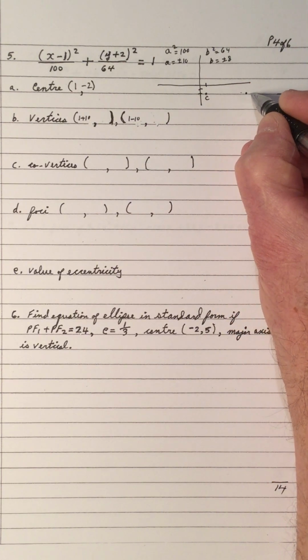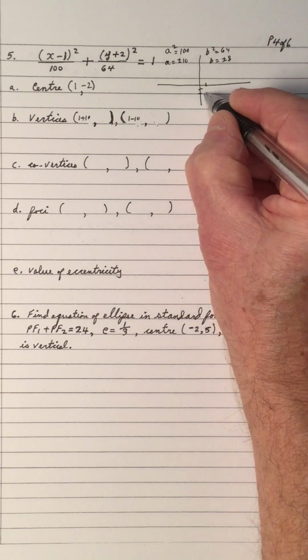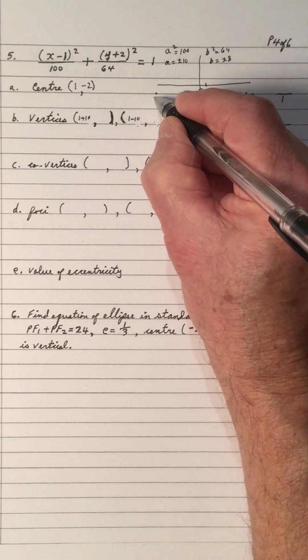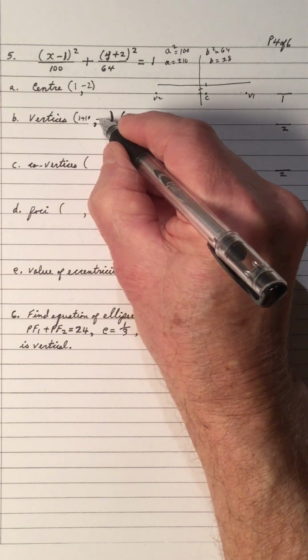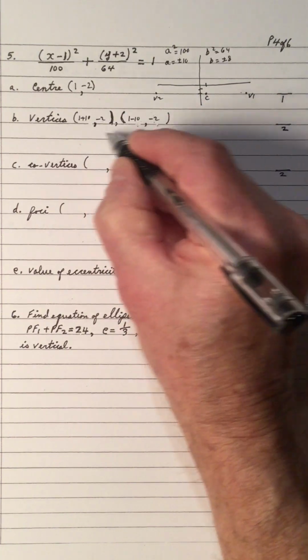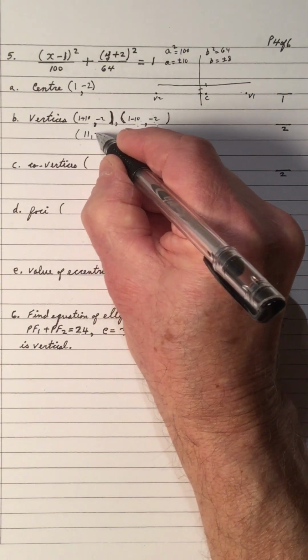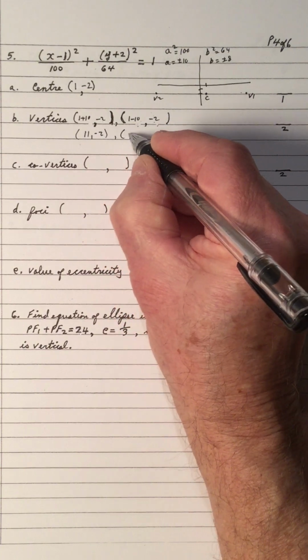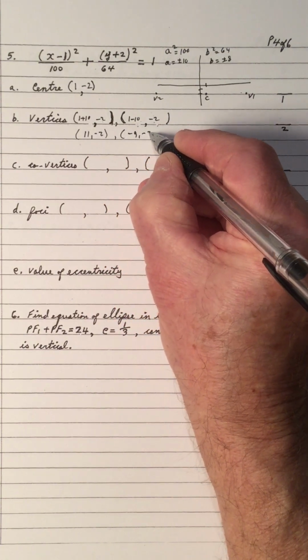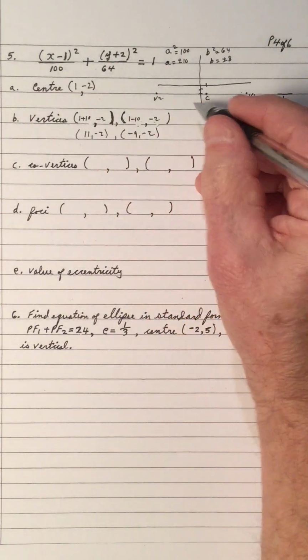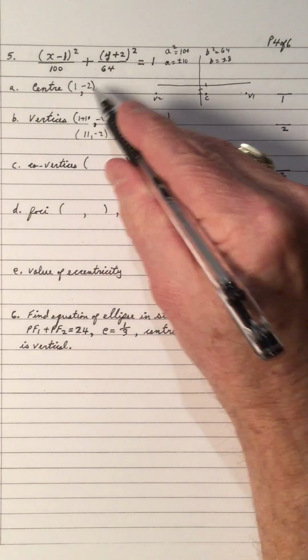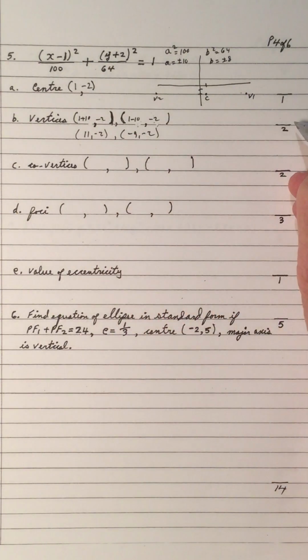Let's go right here, vertex 1, and let's go this way, vertex 2. So that means the y doesn't change. So we have (11, -2) and we have (-9, -2). These are the two vertices. So we get 1 mark for the center, 1 for each of these vertices.